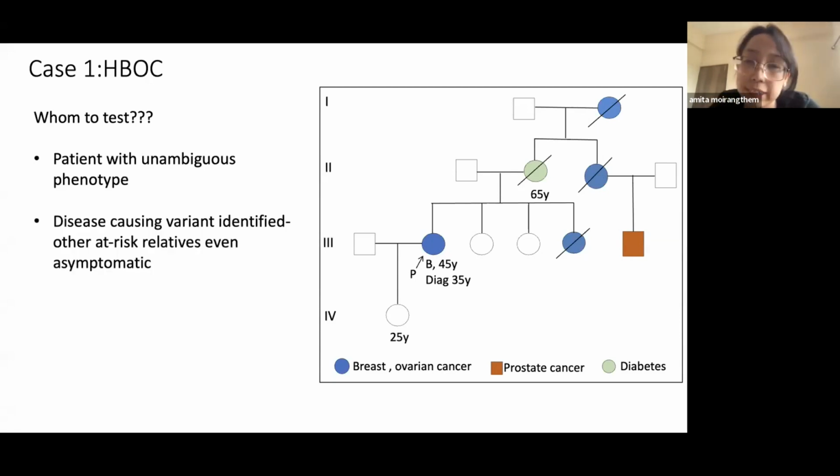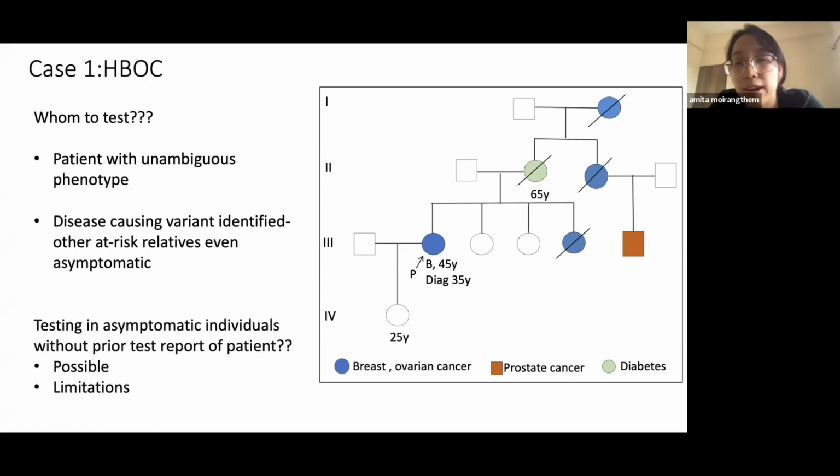Once we have tested the individual and identified the causative variation, subsequently we can test the family members who are at risk for that particular variation. This is our usual approach. Someone might ask, why can't we go directly for testing in the asymptomatic individuals without prior testing of the affected patient? For example, this particular individual, why can't we test her directly?